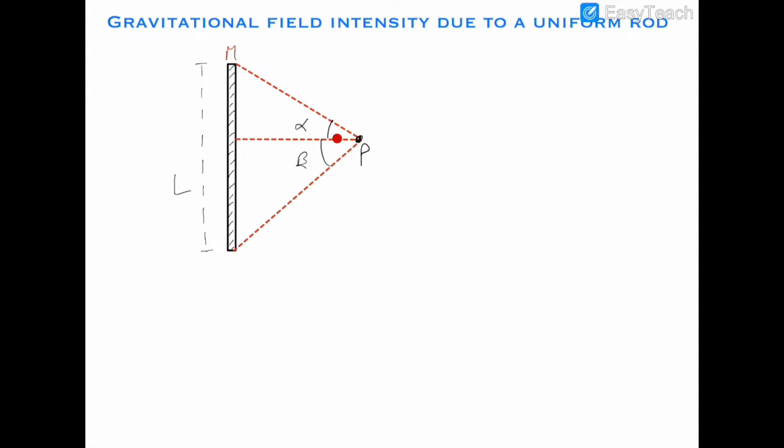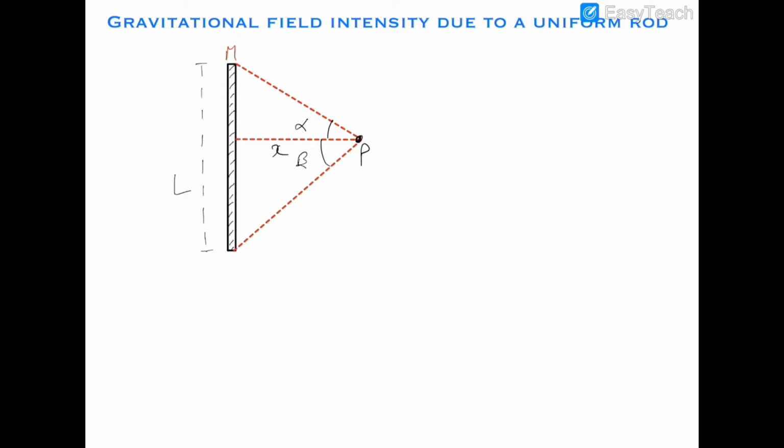It is not a bisector axis. It is not bisecting the rod into two equal parts, but it is perpendicular to the rod, and the point P is lying at a distance of x from the rod. This angle is alpha and this is beta, and we are assuming that alpha is not equal to beta.